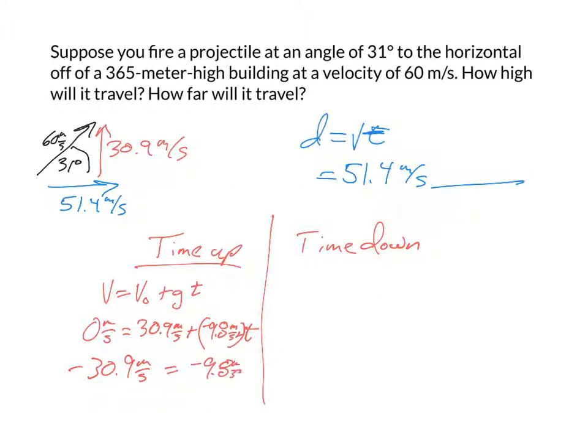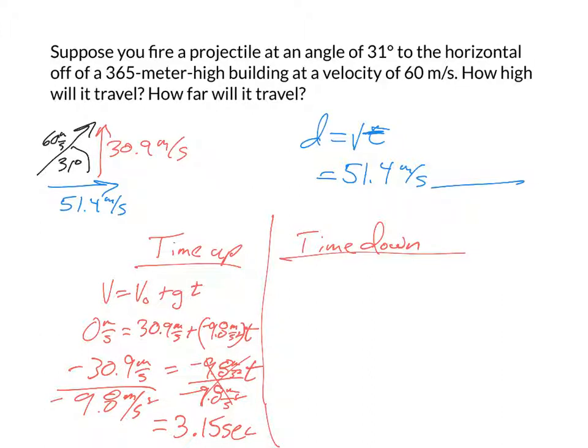The negatives work out nice because I get a positive time. 30.9 divided by 9.8, I get 3.15 seconds.